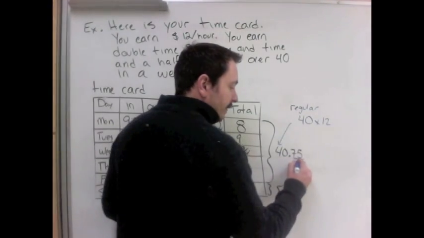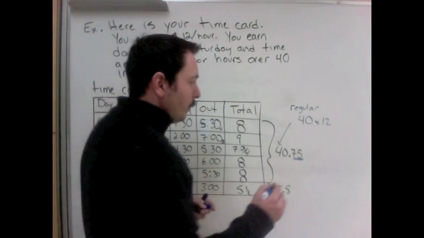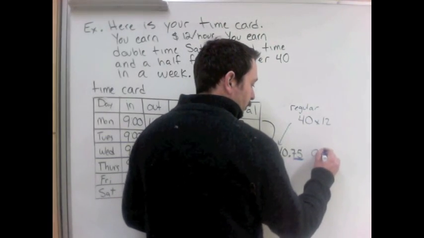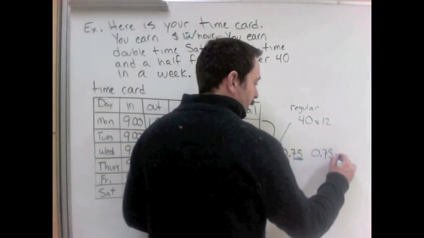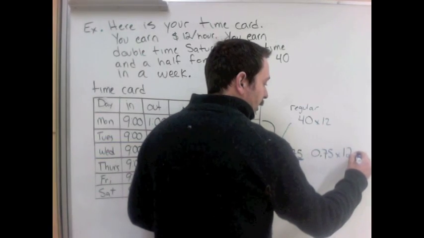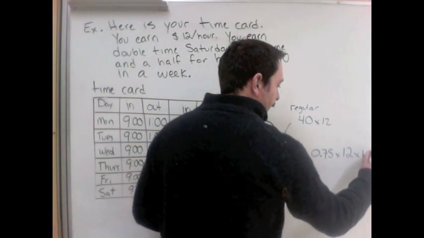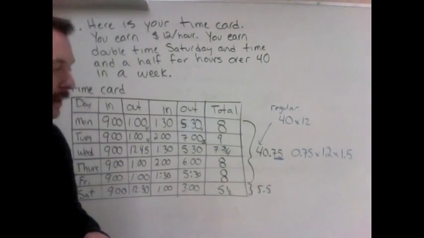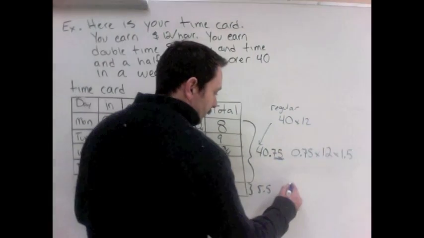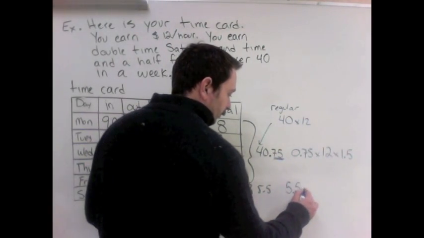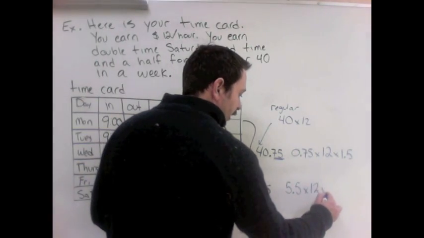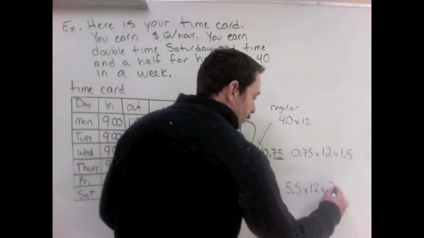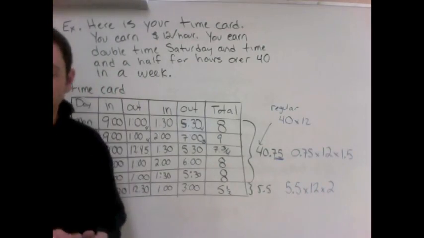So this 0.75 hours extra I worked that week, my regular pay is 12, but I'm getting time and a half for overtime. And on Saturdays, I get double time. So 5.5 times my wage times my double time. So I'm multiplying it all by 2.